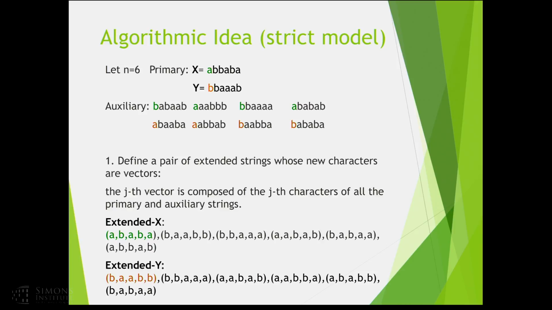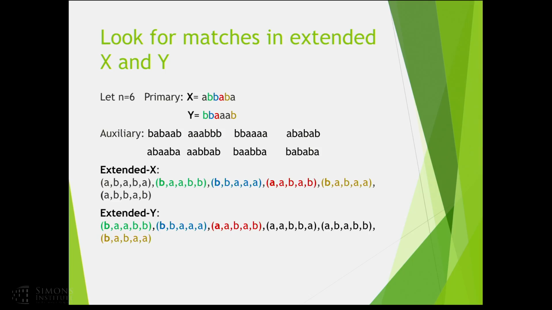The way you do this is you take the characters in the same positions from the primary instance and each auxiliary instance. You can see that in green here, and that becomes a character in the extended string. And similarly for the second string in brown. So these are the two extended strings. And now you can just look for matches in the two extended strings.